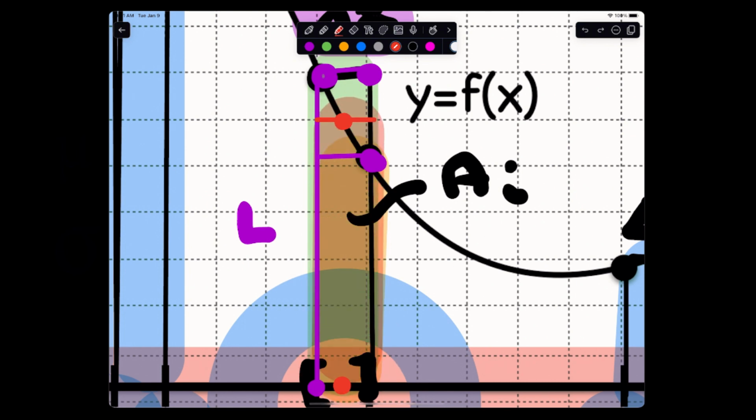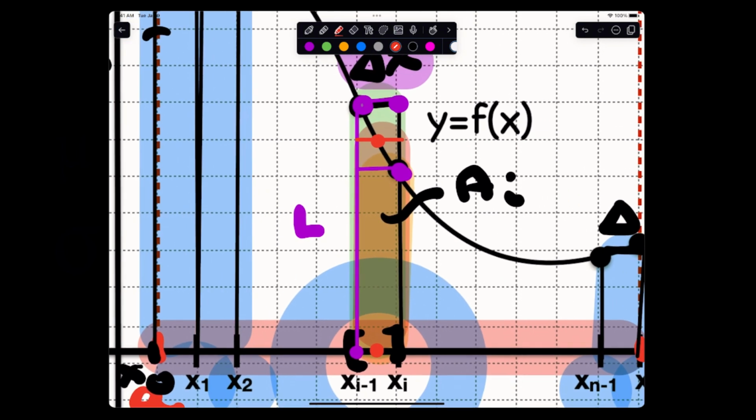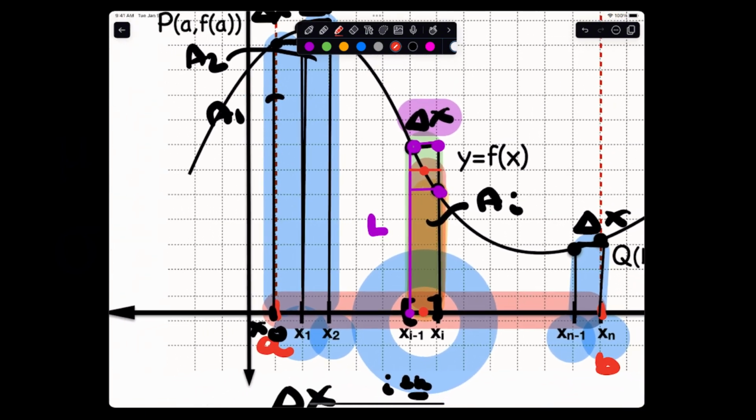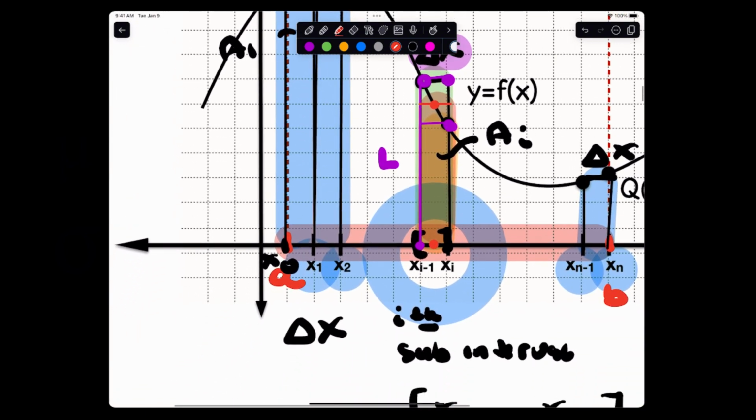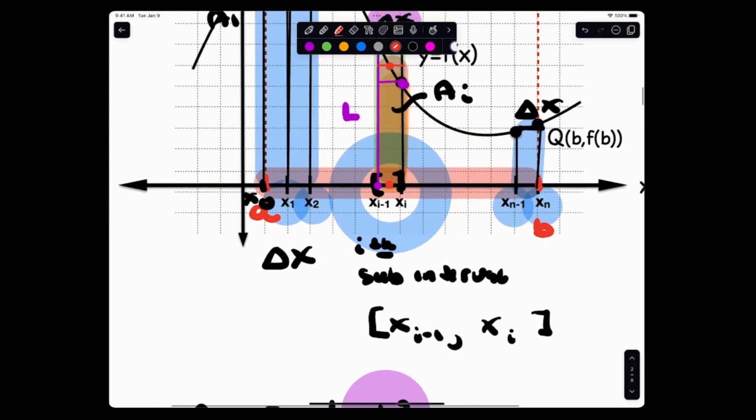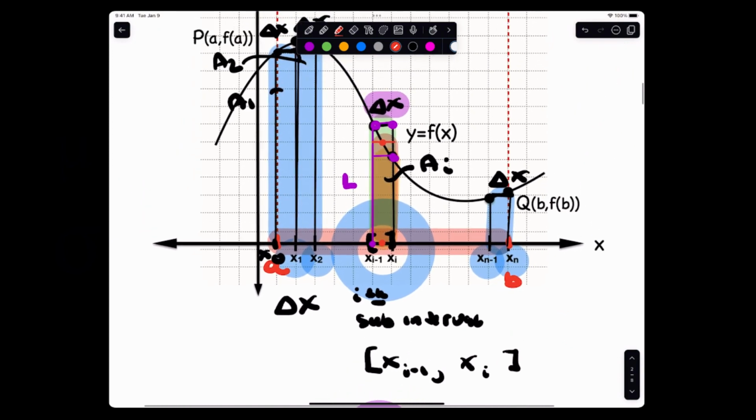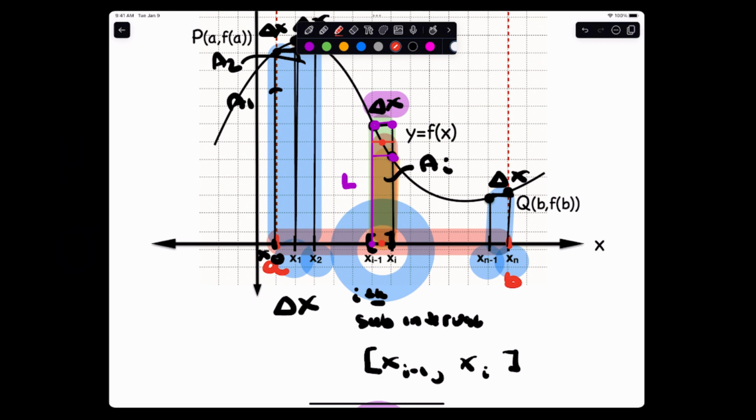I hope you guys can see my point, but that's really the essence of this section. When you look at the ith subinterval and you get the ith rectangle, you get the ith area. Which one gives you the closer approximation? It's the midpoint area.